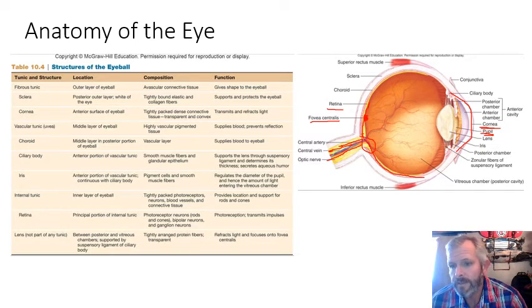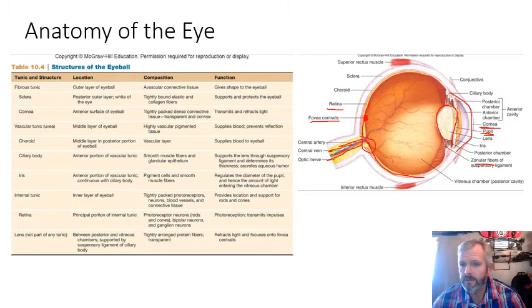We have a ciliary body here, with the zonular fibers and suspensory ligaments that are connected to this big structure, which is the lens. This is another structure important in controlling the refraction of light.